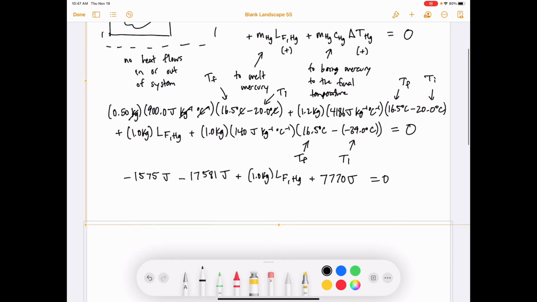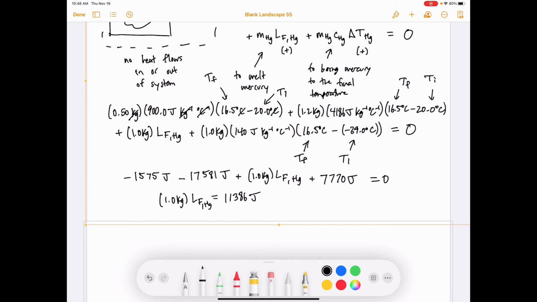So basically, to simplify this, we have 1.0 kilograms times L_F. If we combine all of the other terms on the other side of the equation, it works out to 11,386 joules.